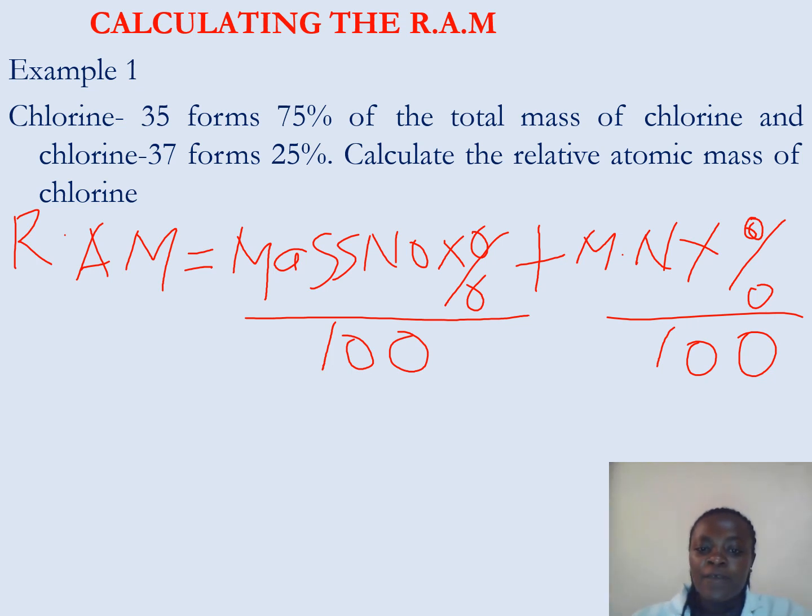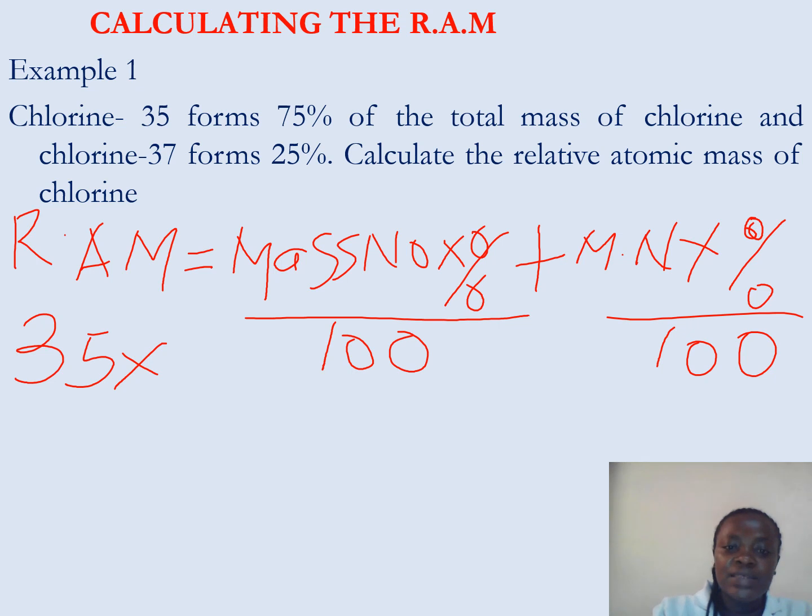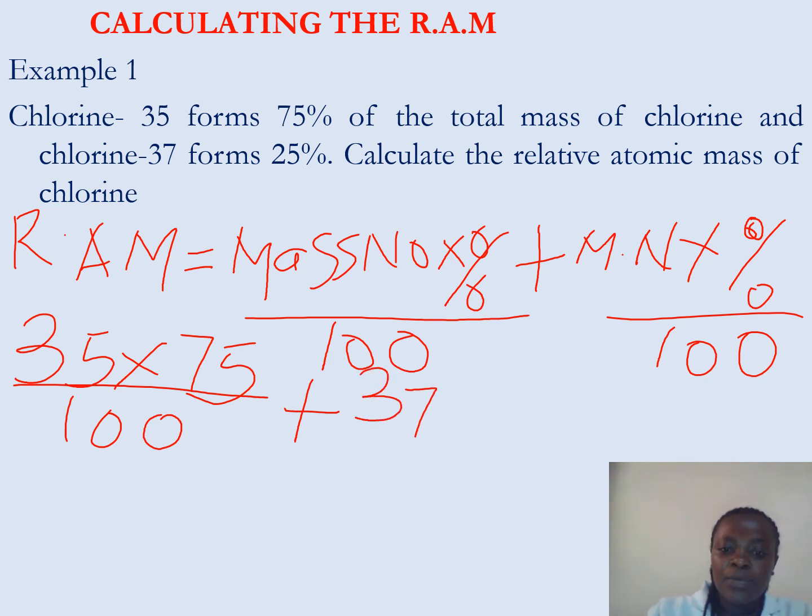For the first isotope, its mass number is 35. So we shall have 35 multiplied by its percentage, 75, divided by 100. Then we add the mass number of the second isotope, 37, multiplied by its percentage, 25, divided by the total percentage, which is 100.